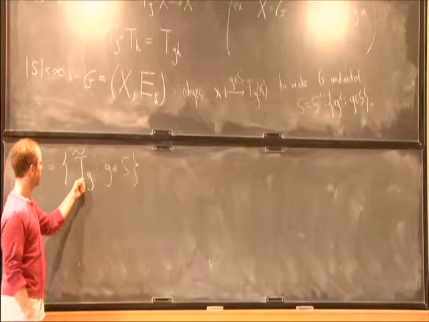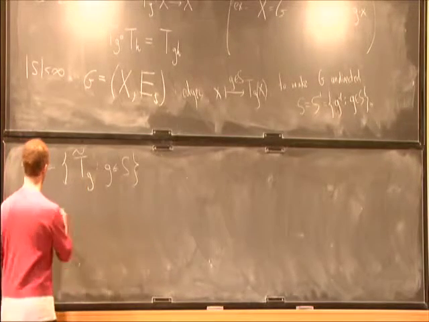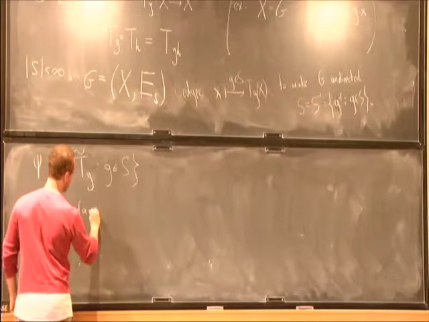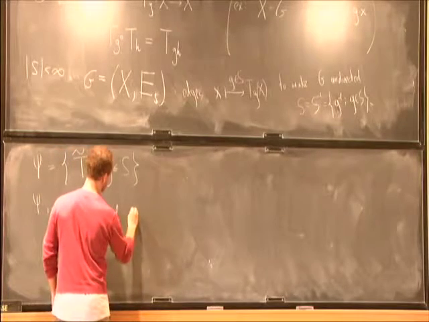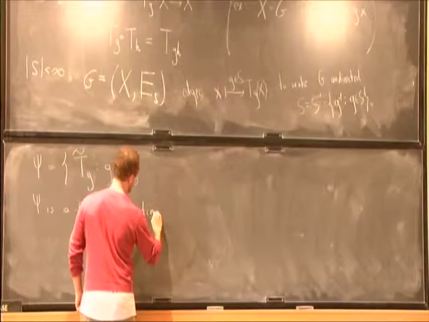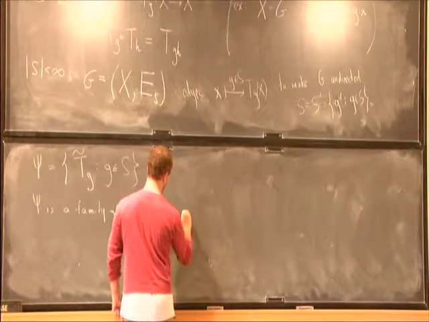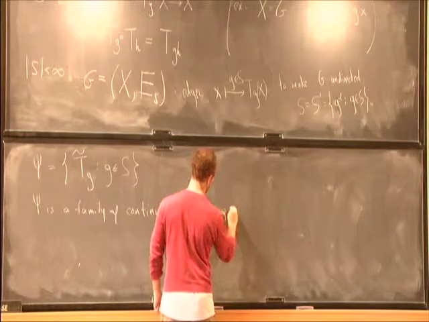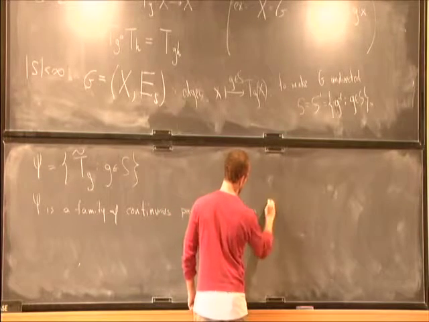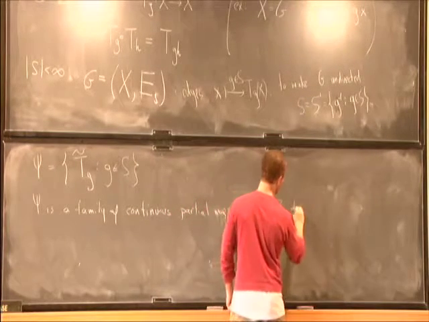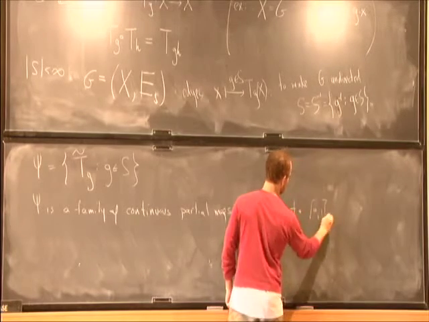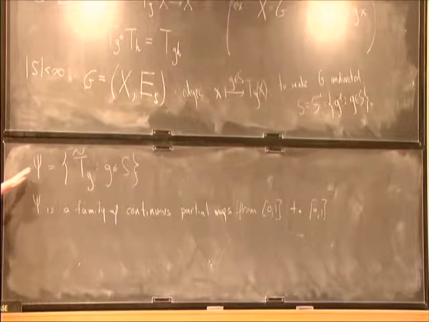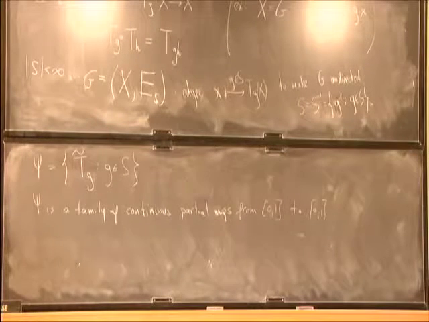Okay, so psi is a family of continuous partial maps from 0, 1 to 0, 1. So we have a finite family of maps.